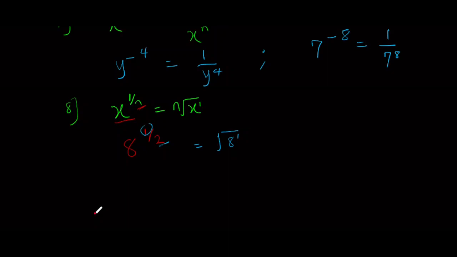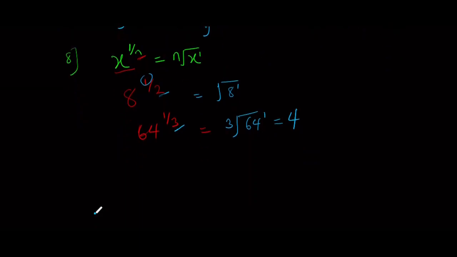So if we have, let's say, 64 raised to power 1 over 3, that means, like I said, the denominator of the power will form roots. In this case, it's going to form cube root of 64 power 1. As we all know, the cube root of 64 is 4. You can use your calculator to confirm that.